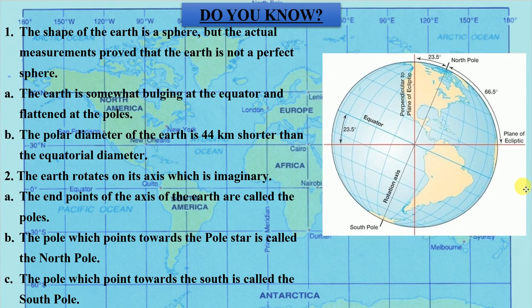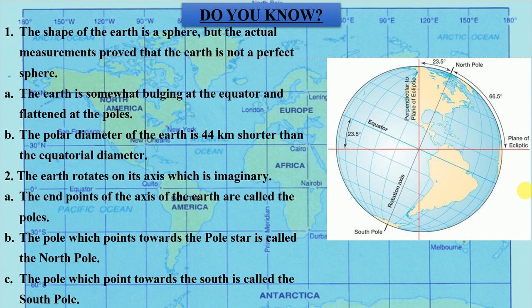See here in this picture that the Earth is slightly bulged at the equator and flattened at the poles. As you can see, here is the north pole, and here you can see the south pole. They are slightly flattened at the poles.